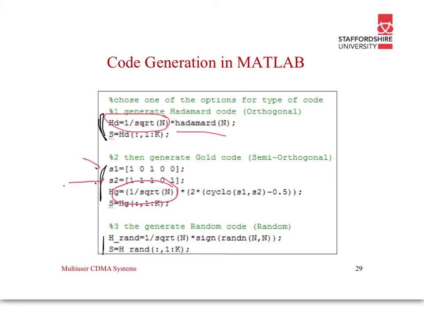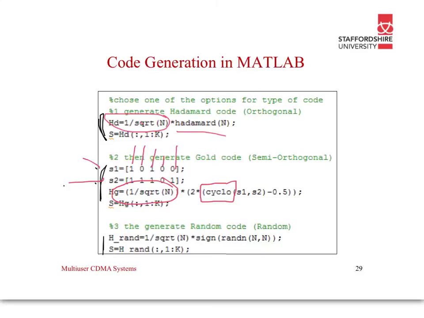The HG is the cyclo function, which you can download from Blackboard, and we have the two, S1 and S2. The actual n in this case is defined by the number of taps that we have here on the pseudo noise generator.